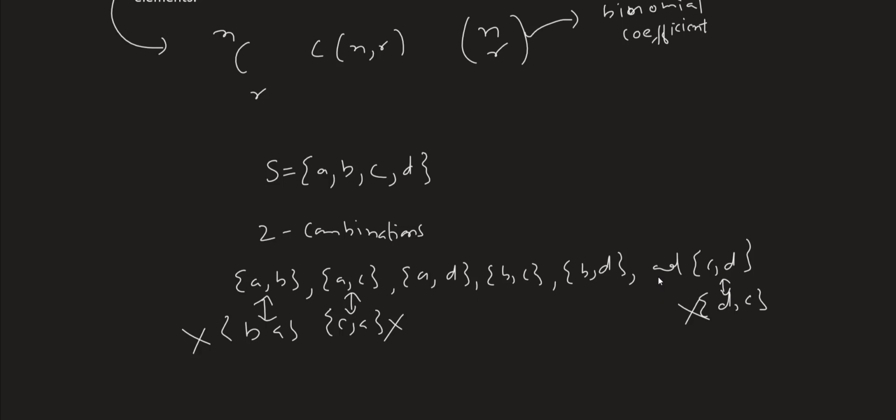So this is what is meant by the order. If it were the permutation, then BA would be a different entity than AB, and all of them would be mentioned. Since in combination both mean the same thing, only one of them is mentioned. And likewise, what we find is we have 1, 2, 3, 4, 5, 6 of these combinations.